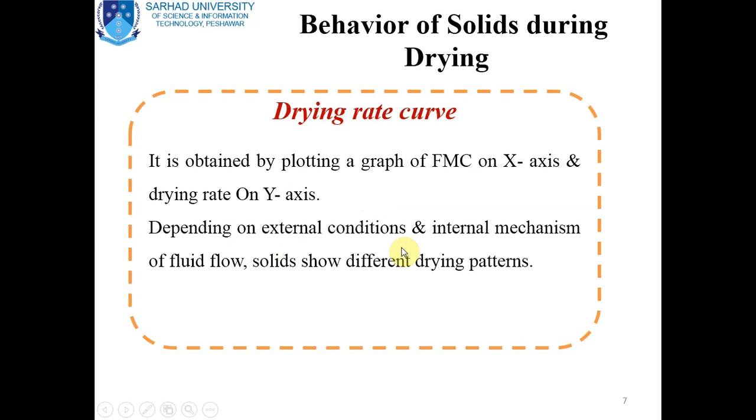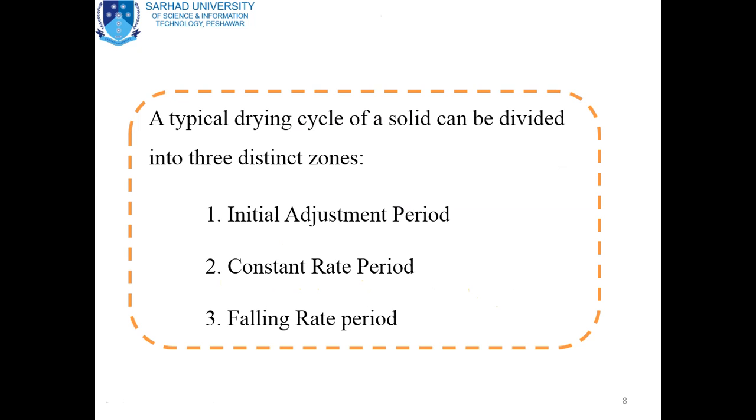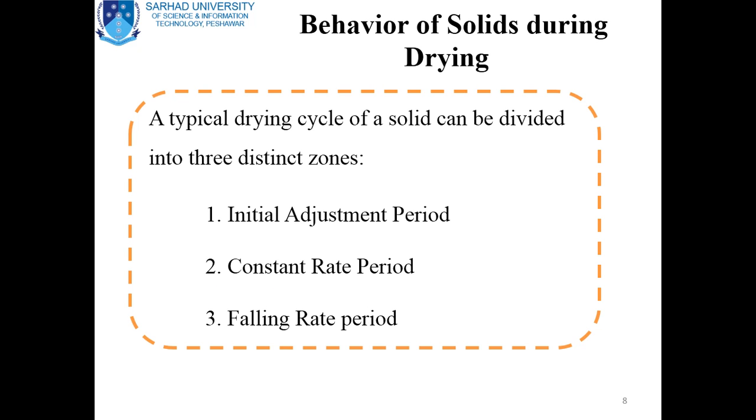Depending on external conditions and the internal mechanism of fluid flow, that is liquid flow, the solid material shows different drying patterns. A typical drying cycle, the drying weight curve of a solid material, can be divided into three distinct zones, namely the initial adjustment period, that is the first zone, the second phase, that is the constant rate period, and the third one, that is the falling rate period.